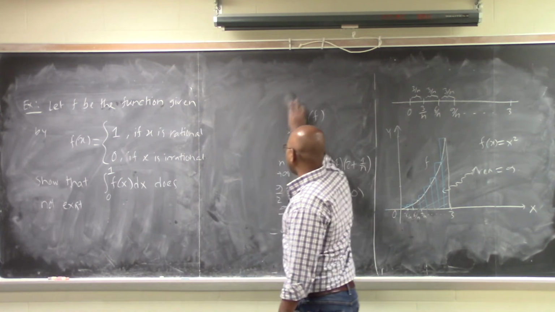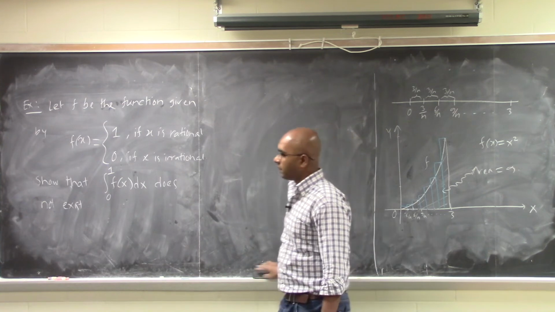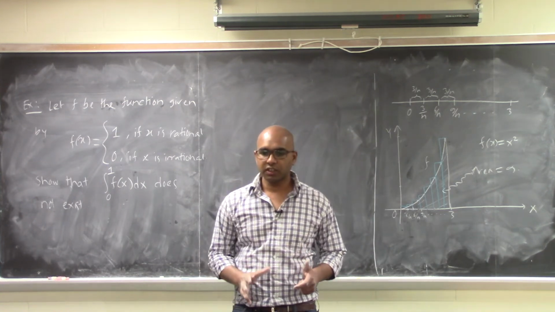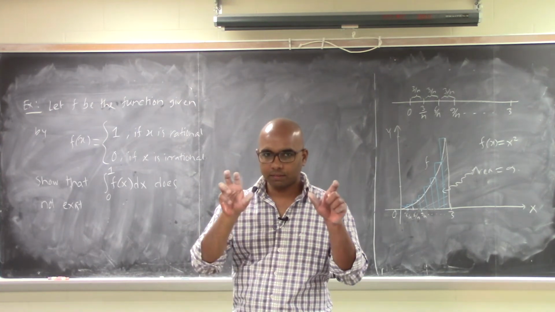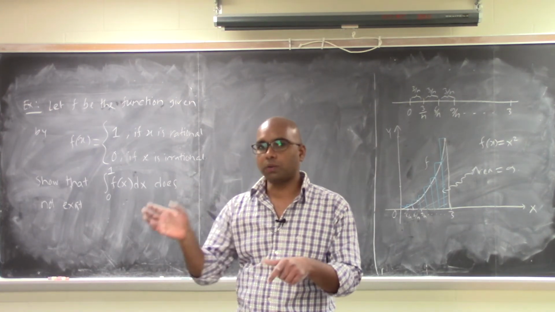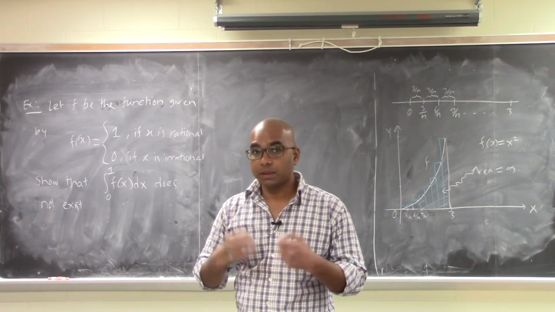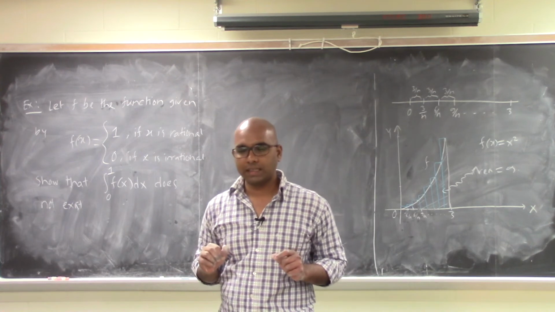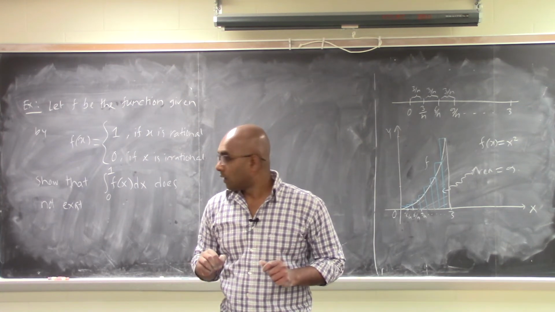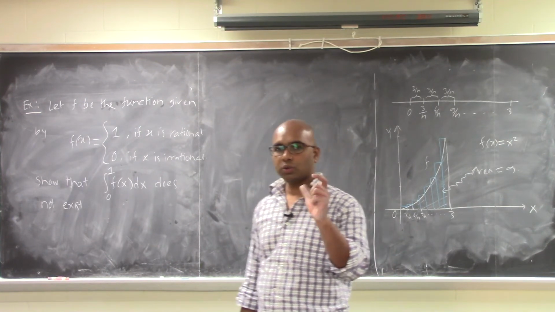Now the key here is this. What do you know from the definition? The definition says if it is integrable, then all partitions having the fact that the norm goes to 0 will have the same limit. That's the essence of the definition, right? And for this case, we'll show that there are two partitions.